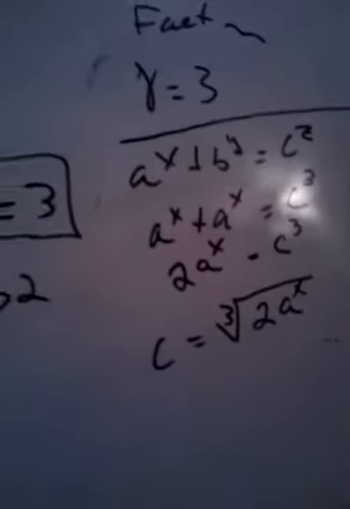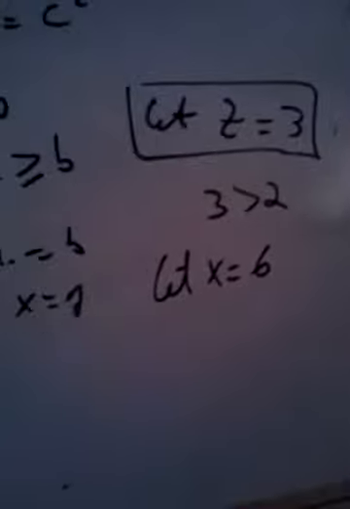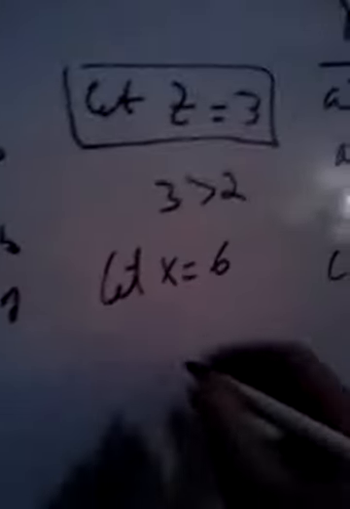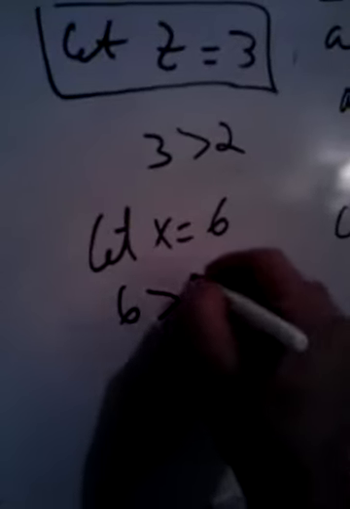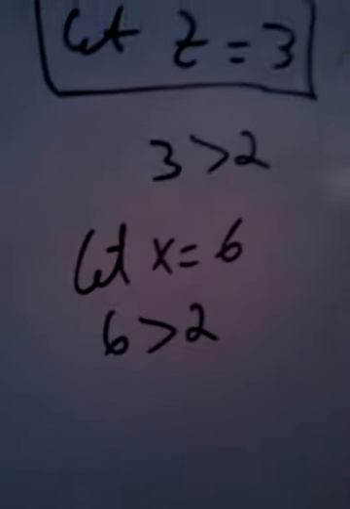Oh yeah, I had one more condition there. I also assigned let X equal 6. The number 6 is greater than 2 and also has a prime factor of 3.